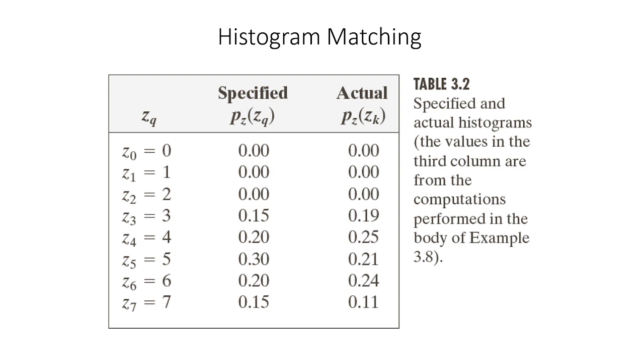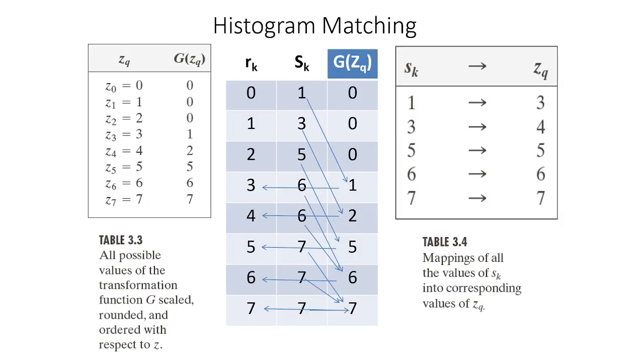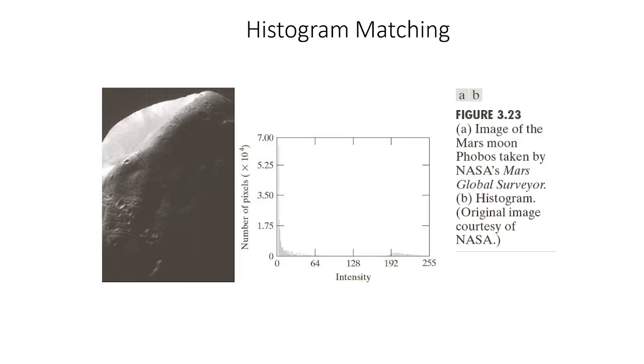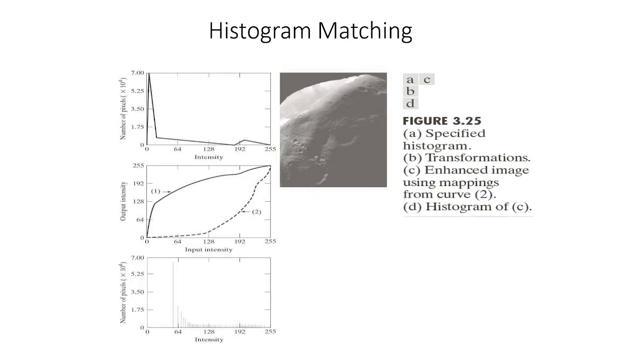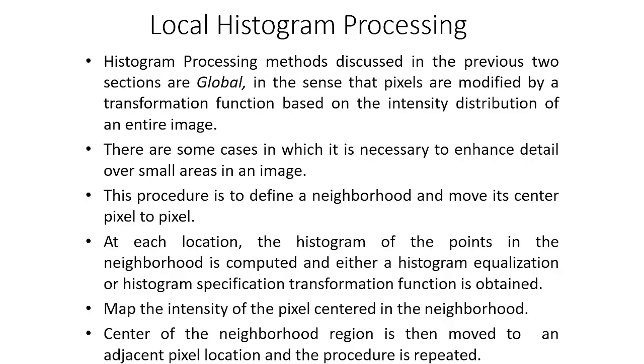And the values are like this. We know the value, but here we are mapping that value to the mapped values. That is histogram matching, and the result is like this. So input intensity and histogram, this is the matching result. Here we have not all black, not all white, and here also it is spread like this.